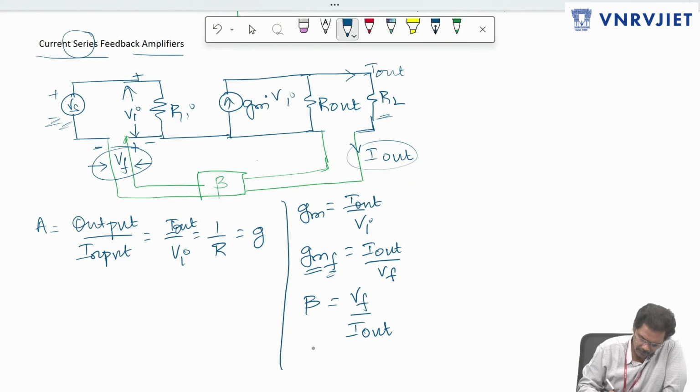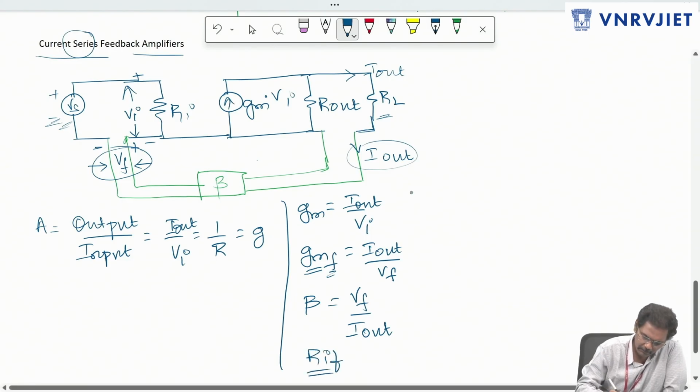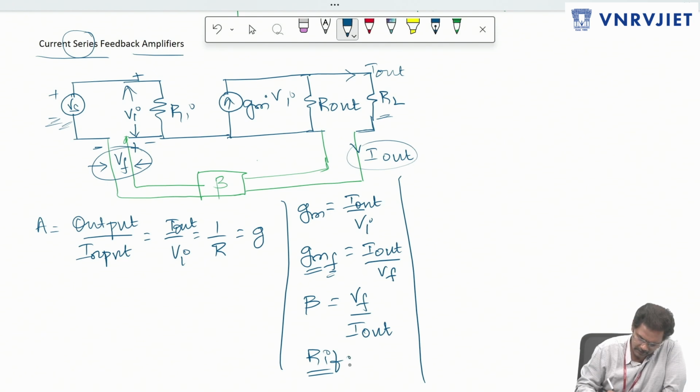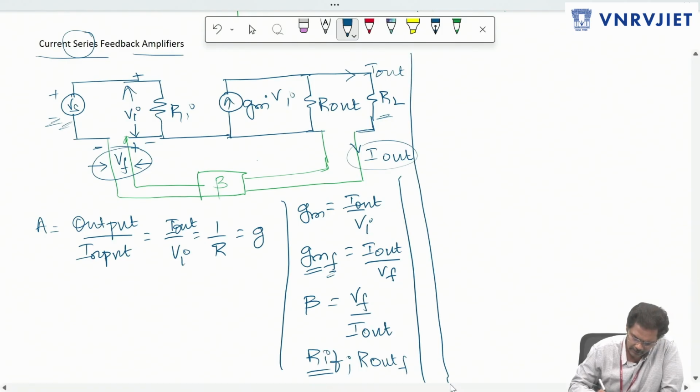Then Rif, the input impedance with feedback, and Rof, the output impedance with feedback. These are all the things we are going to derive. Let me start deriving them.